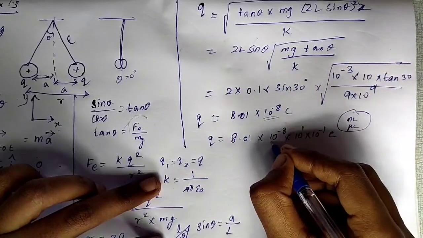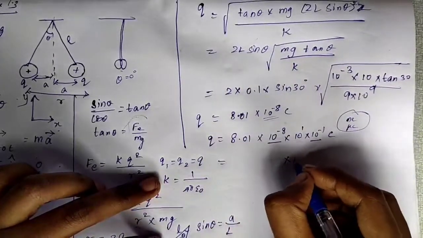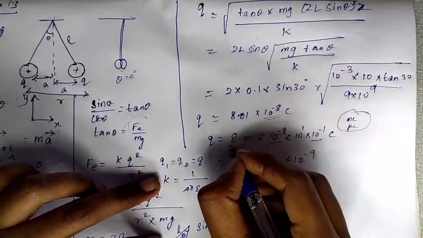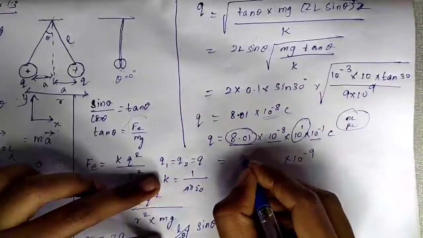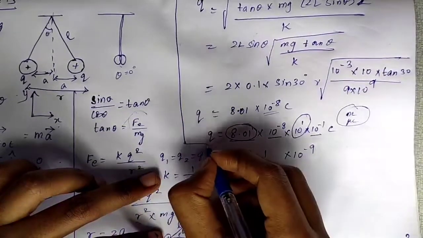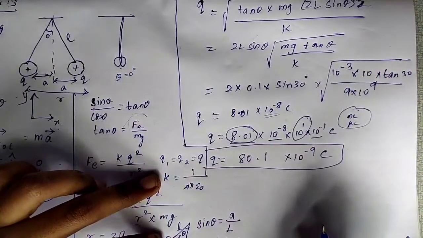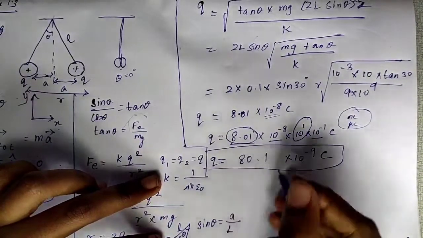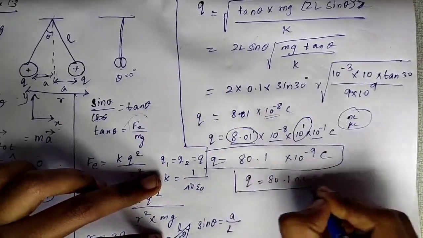For this, 10 power minus 8 and minus 1 can be written as 10 power minus 9. And 8.01 multiplied by 10 can be written as 80.1. So my Q value is 80.1 into 10 power minus 9, which can be written as 80.1 nanocoulomb.